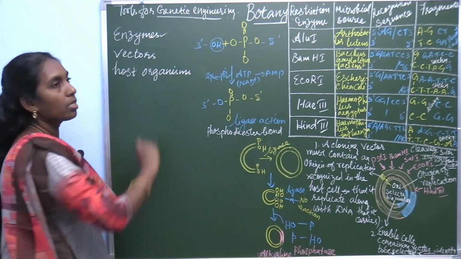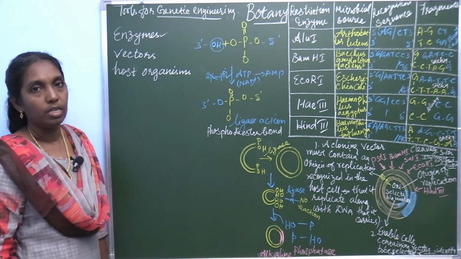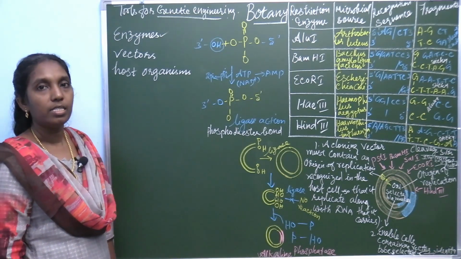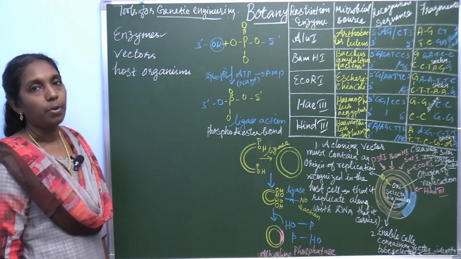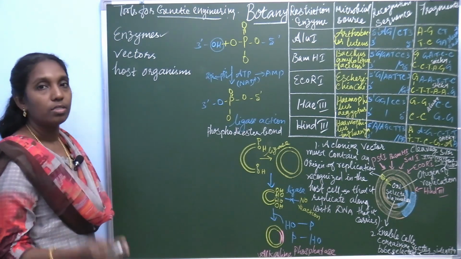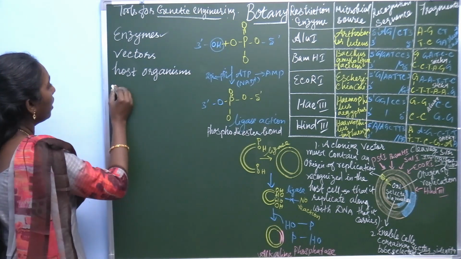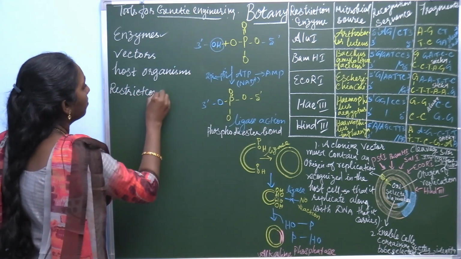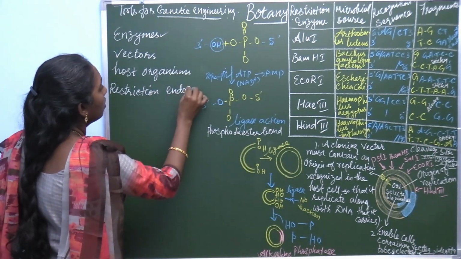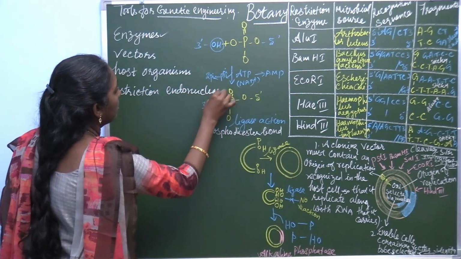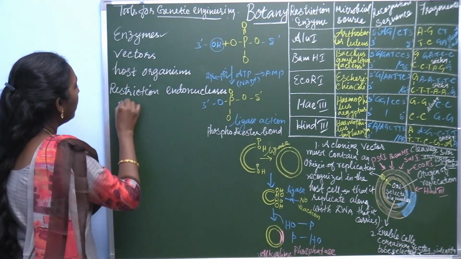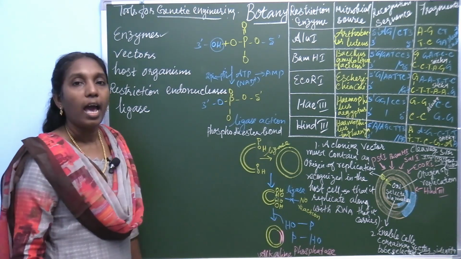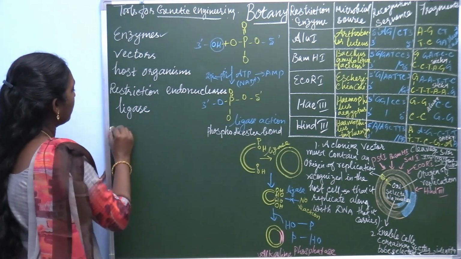The enzymes used for this are restriction endonucleases, ligase, and alkaline phosphatase. There are three different enzymes involved, namely restriction endonucleases, DNA ligase and alkaline phosphatase.